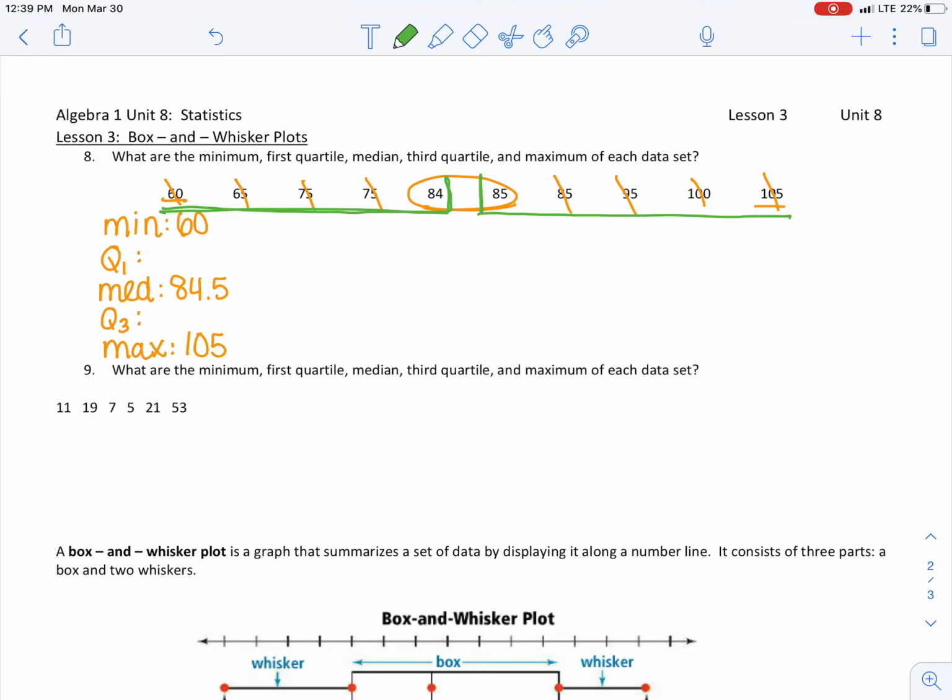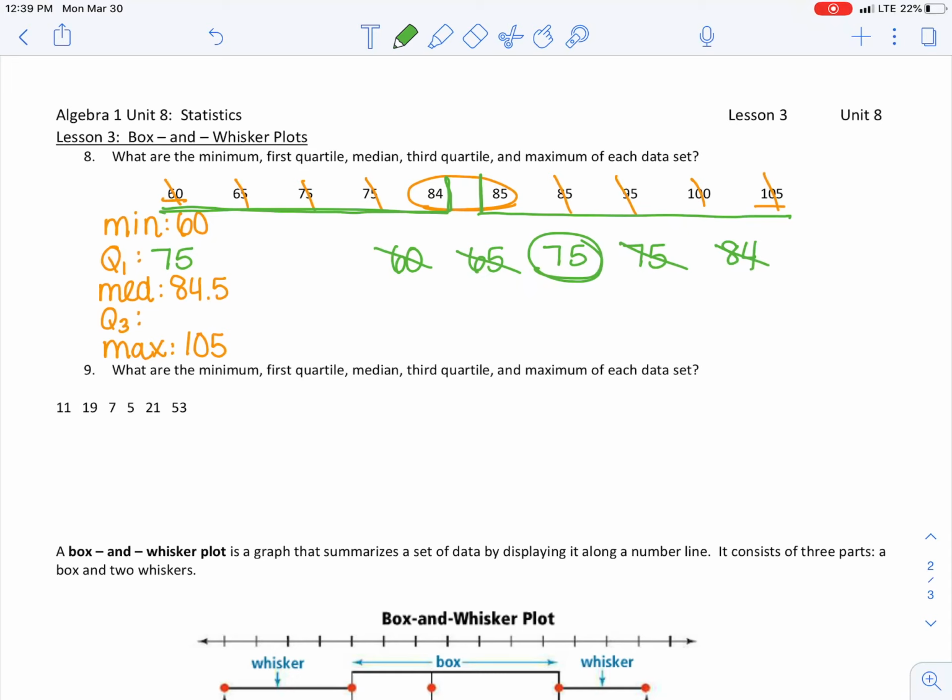In order to find Q1, I'm going to rewrite: I have 60, 65, 75, 75, and 84. If I start crossing off from each side, I end up with a middle value of 75.